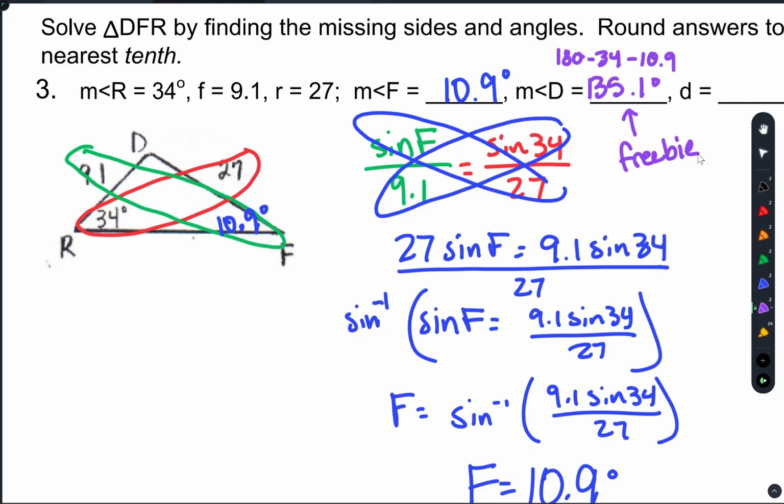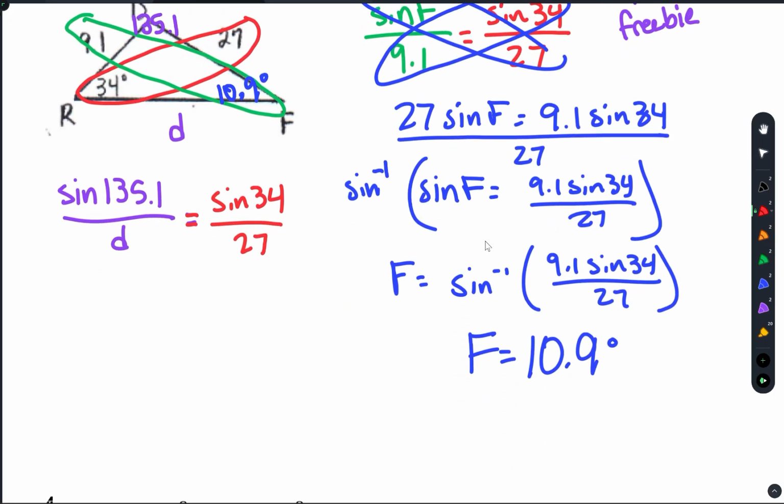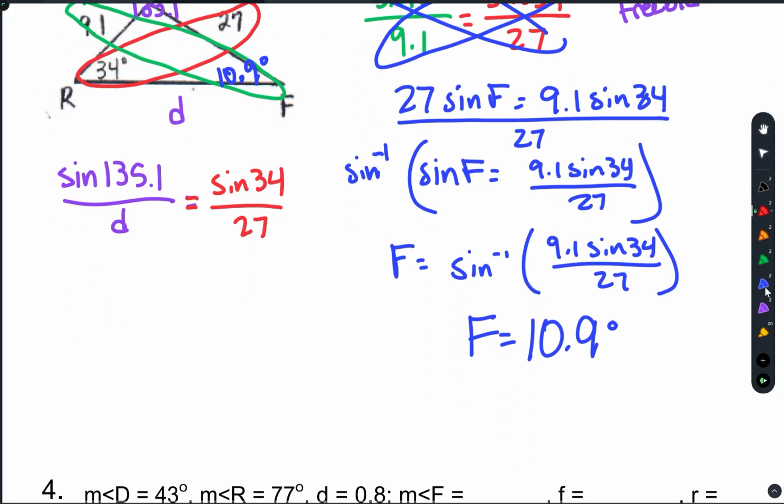And then I've got to set up one last thing to find the side D. D has to go with this angle, 135.1. So I'll set up sine 135.1 over D. I'm going to use the one that already was given to me, so sine 34 over 27. And then once again, we're going to cross multiply to solve.